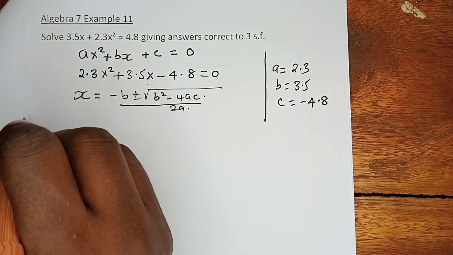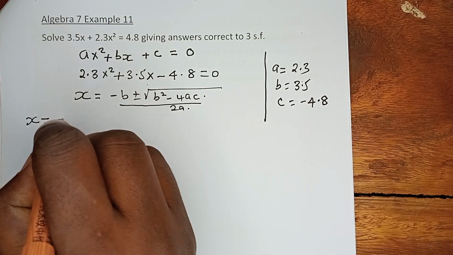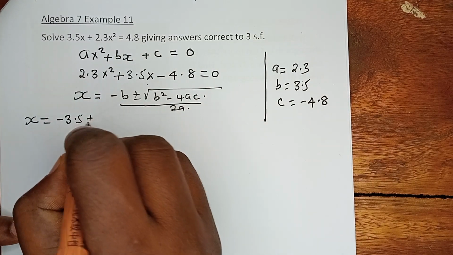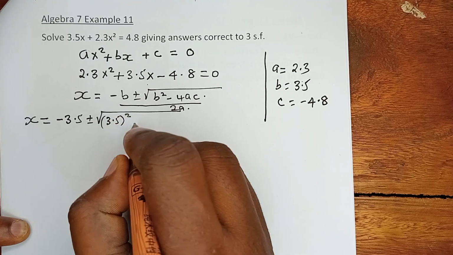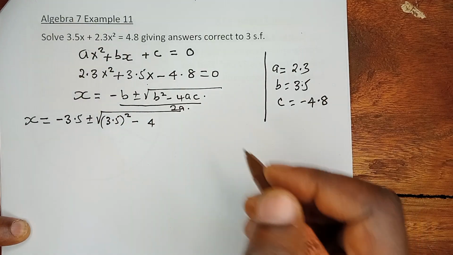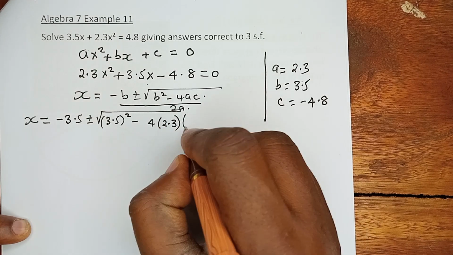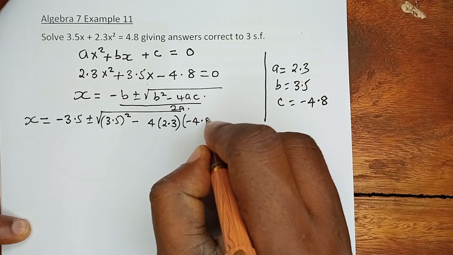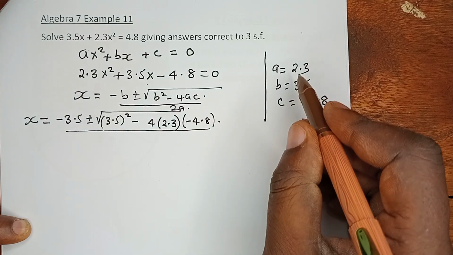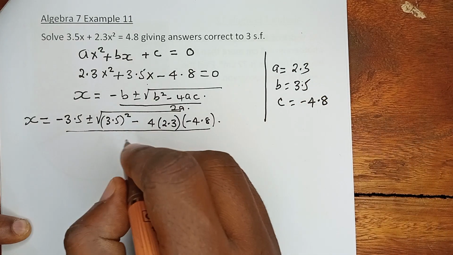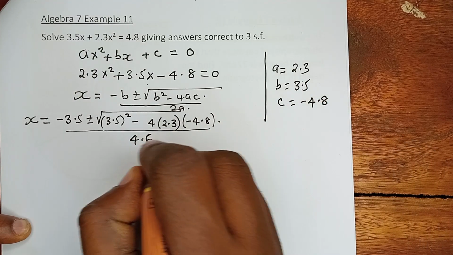So in this case, x happens to be minus b, which is minus 3.5, plus or minus the square root of 3.5 squared minus 4 times a, which is 2.3, times c, minus 4.8, close, everything over 2 times a, which is 2 times 2.3, which is 4.6.